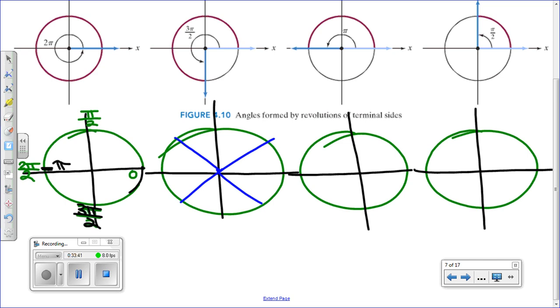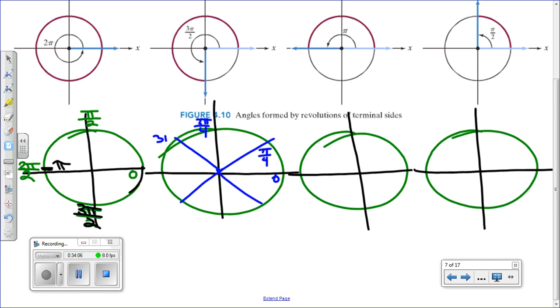So now each pi, remember pi is half of a circle, each pi is divided in how many pieces? 4, yes, 4. So we start here with 0, and then pi over 4, and then 2 pi over 4. Don't reduce yet, we'll do it in a minute. 2 pi over 4, and then what's after 2? 3.